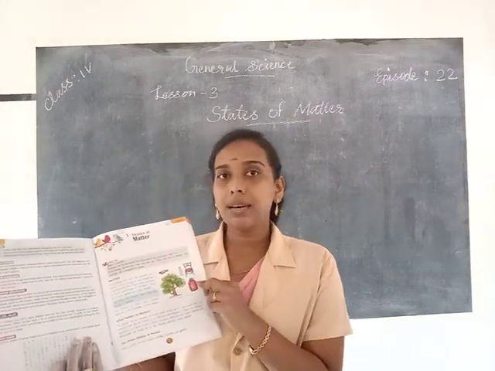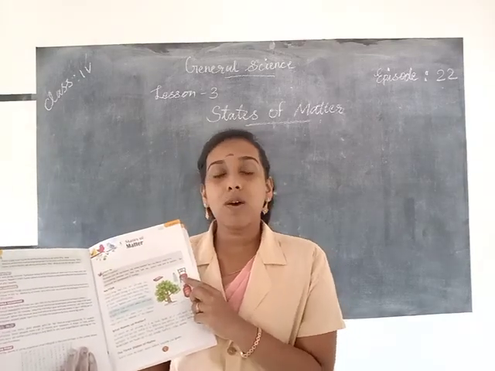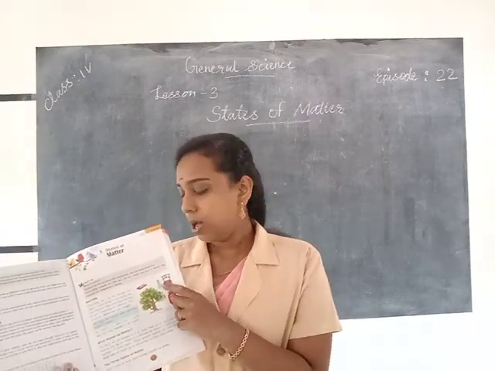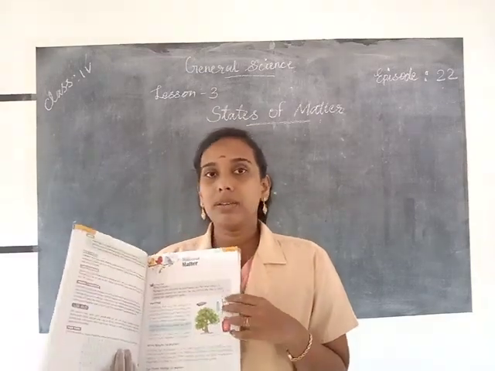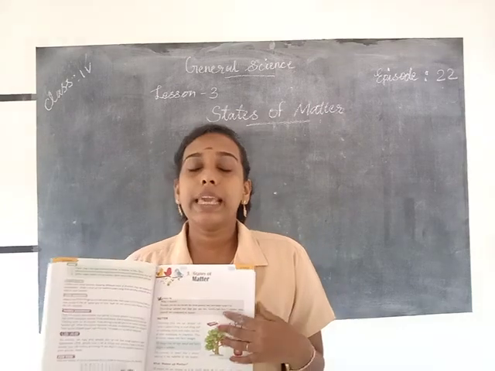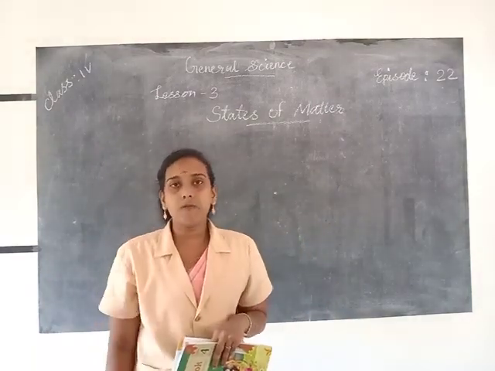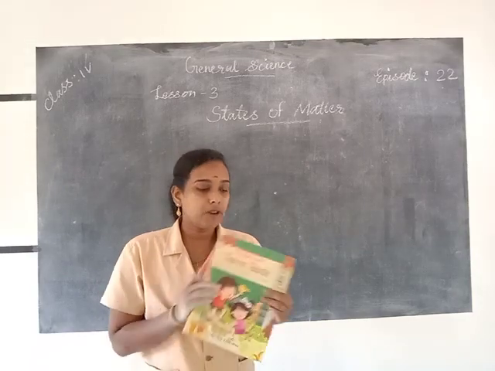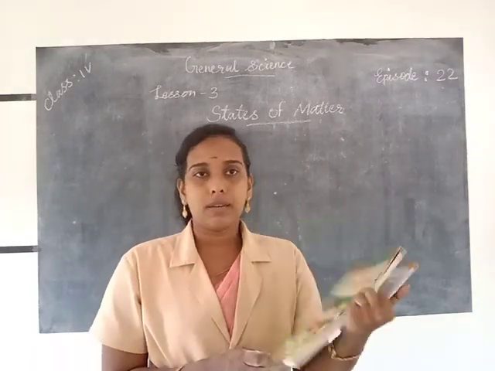Inside the gas cylinder, the gas is in the gaseous state, and the chair is a solid state of matter. The bottle is solid state, and if we take water inside the bottle, then water is the liquid state of matter, and your pencil box is solid state of matter. And your textbook is also the solid state of matter.